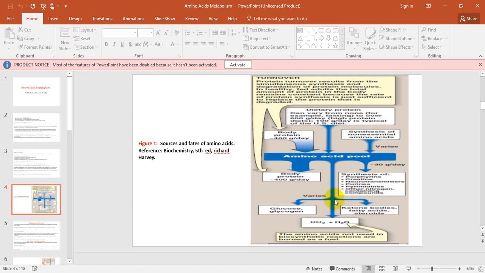And the last one results from the degradation or catabolism of amino acids to yield end products that are used in the synthesis of glucose, glycogen, ketone bodies, fatty acids, steroids, or can enter the Krebs cycle to form CO2 and H2O and energy.